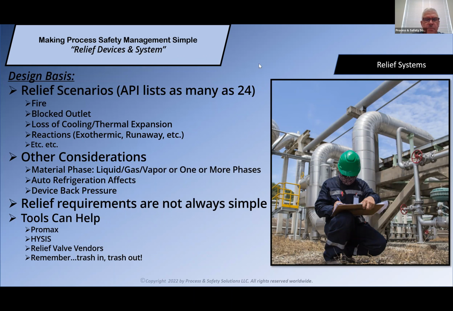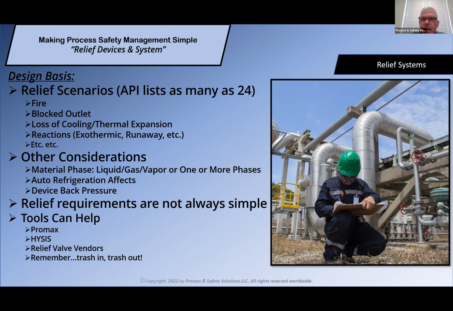Even relief devices that are designed in the ammonia refrigeration industry have the API codes and standards and some of those calculations contained within them. So we can't be divorced or removed from API standards. In fact, most of the API standards have some really good information, no matter what industry you're in, to help you size the different scenarios that you may have in your facility.